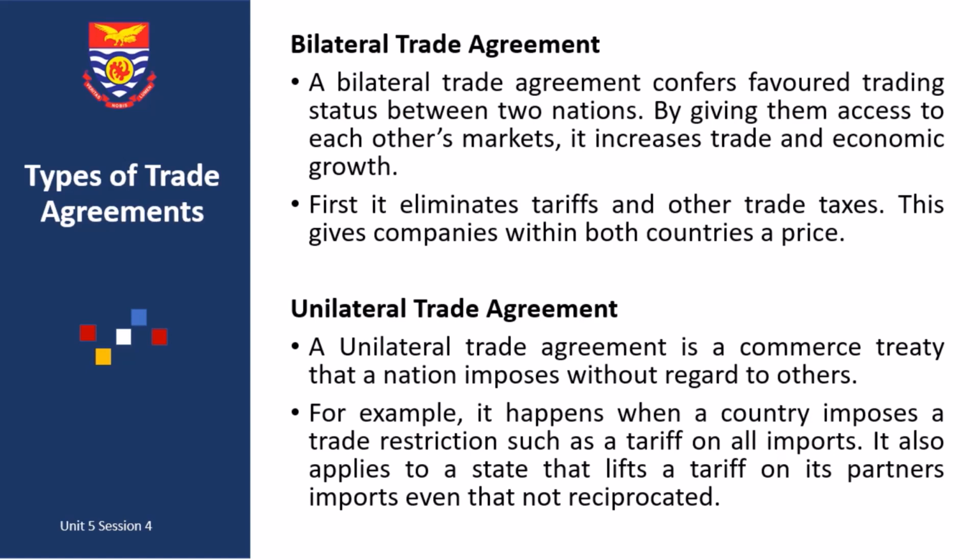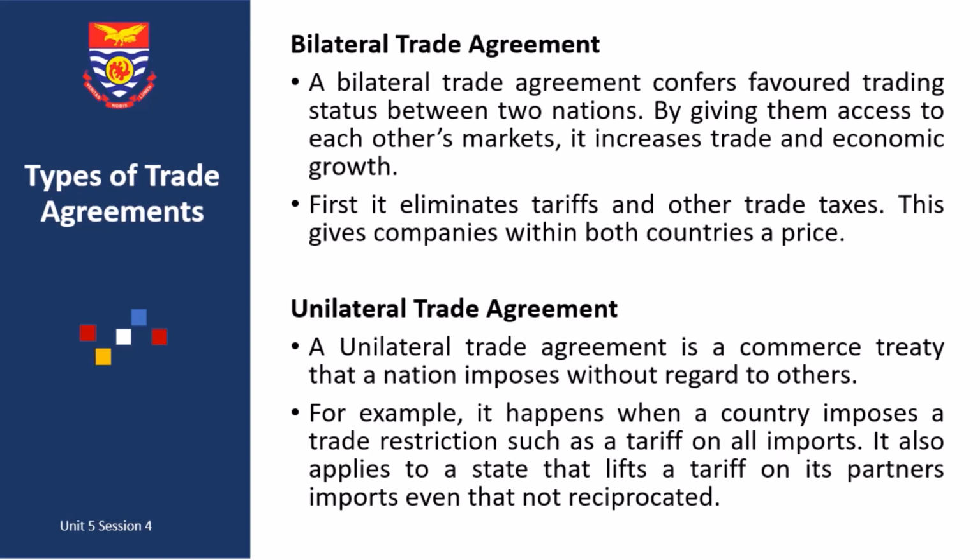For example, between Ghana and the US, if we agree that you can come to the US and do this business, and we can also come and do that business, that becomes a bilateral agreement, like a two-country agreement.